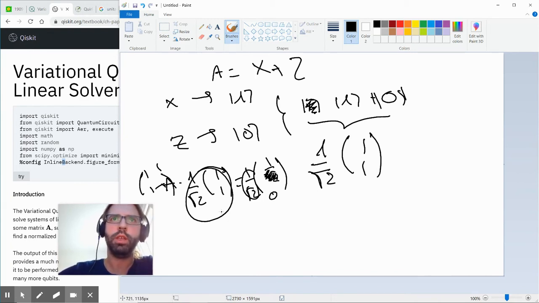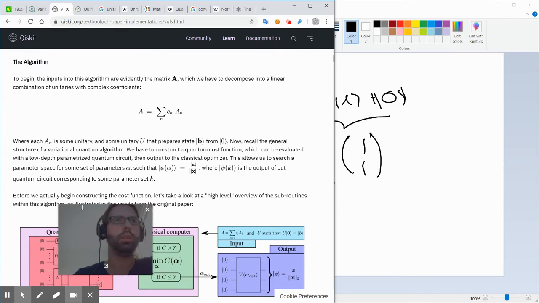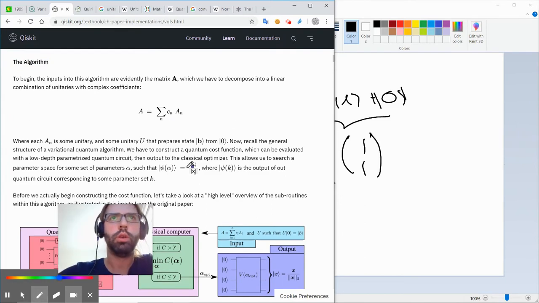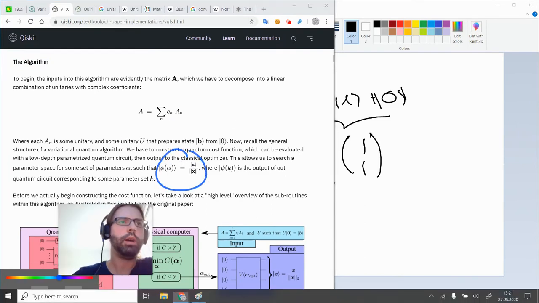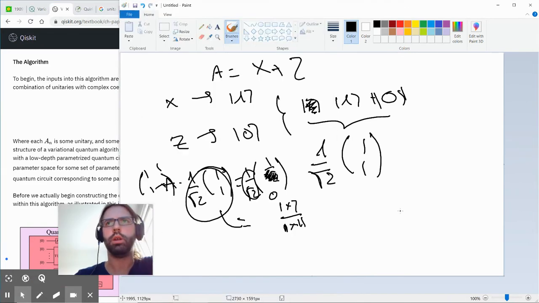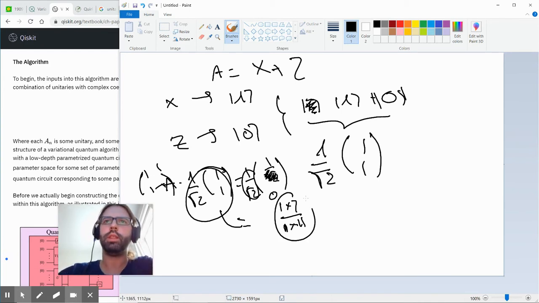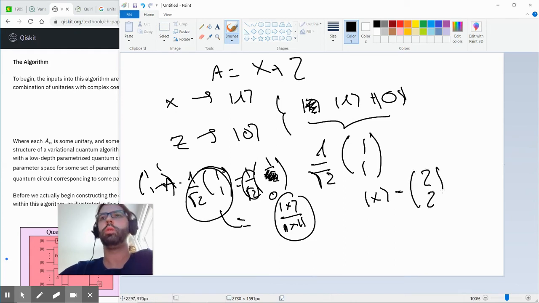Because remember, this is equal to these divided by the norm. That's what the tutorial here tells us as well. So if I know my solution, I know x is 2, 2, right?